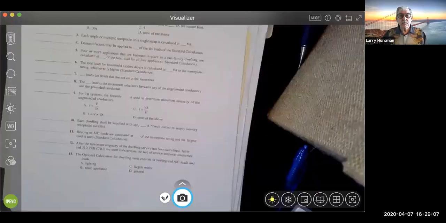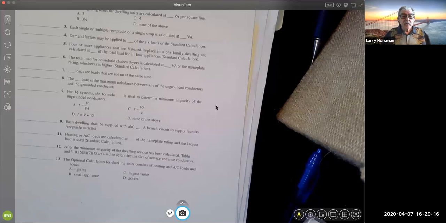So let me switch over to our IPEVO, share the screen. Straighten this out a little bit.